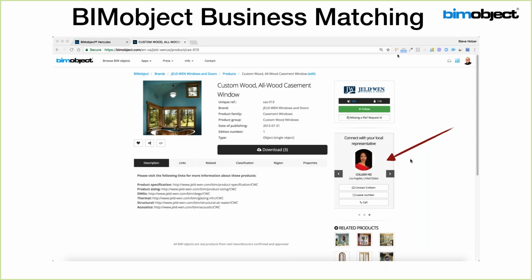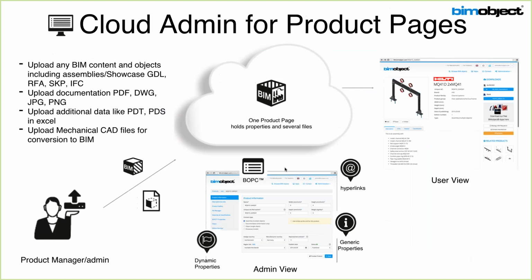A couple other things. Once you've clicked on this actual product page, the actual building product manufacturer is available at the top in addition to the local reps, and then the download buttons are there, along with many of these other information fields that you're able to populate and manage yourselves through the content management system, which is our cloud admin for product pages.